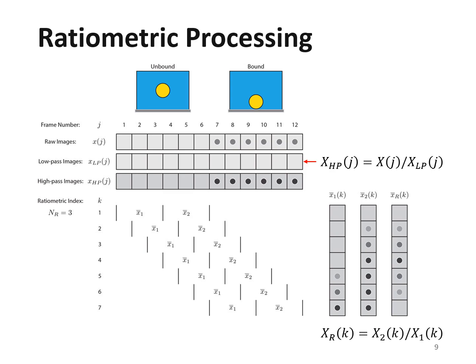Then we divide the original image by the low-pass image to get the high-pass image. This process makes unclear details easier to see. Next, we take the average of two sets of image sequences called x1 and x2. We calculate x2 divided by x1 to get the final XR image on the right.